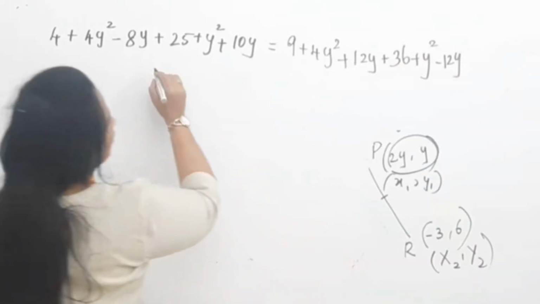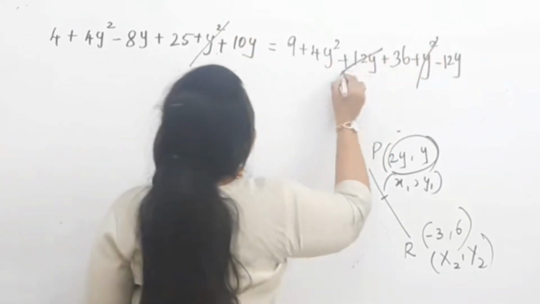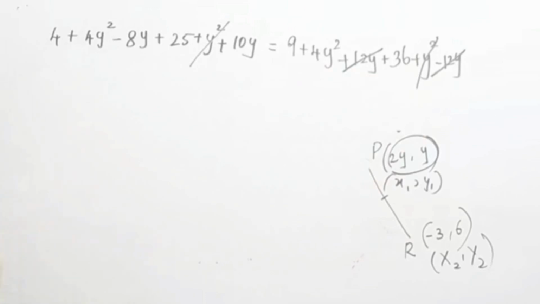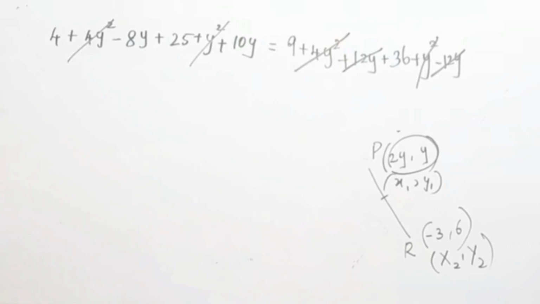Y square gets cancelled, and then plus 12y minus 12y gets cancelled.